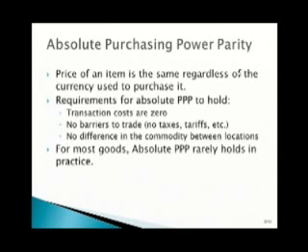The requirements for absolute purchasing power parity to hold are that transaction costs are zero, and of course they seldom are, that there are no barriers to trade, no taxes, no tariffs, etc., and normally there are barriers, and no differences in the commodities between the locations. So wheat is wheat, corn is corn, and that may not be quite true either. For most goods, absolute purchasing power parity rarely holds in practice, for the obvious reasons that those requirements don't usually hold.